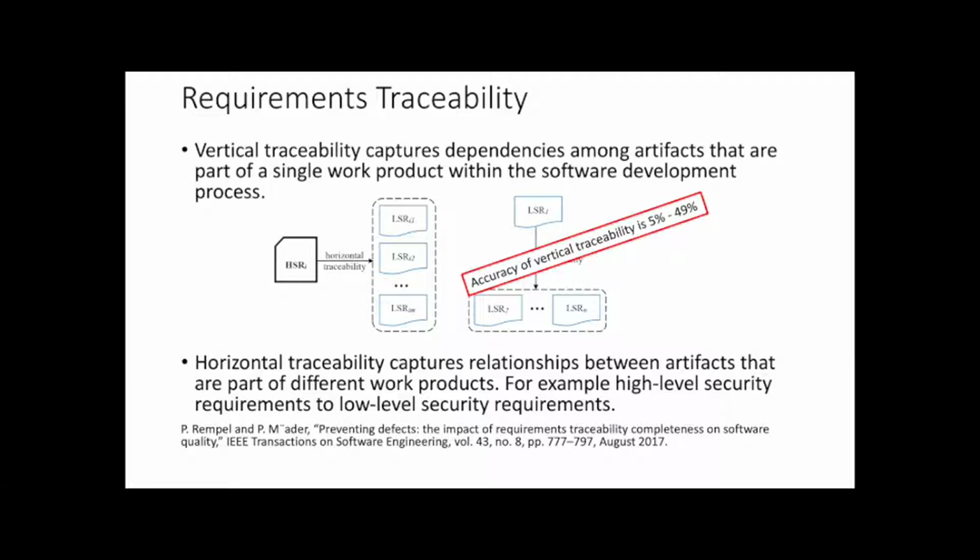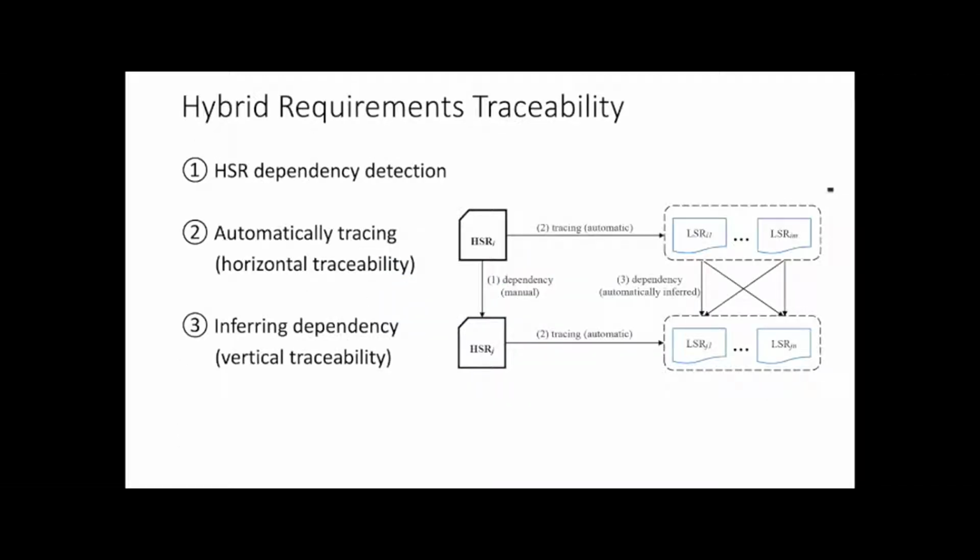We call it horizontal traceability. If we can detect those two types of information, then we can easily infer the dependencies between the low-level security requirements. Therefore, we propose this hybrid requirements traceability.